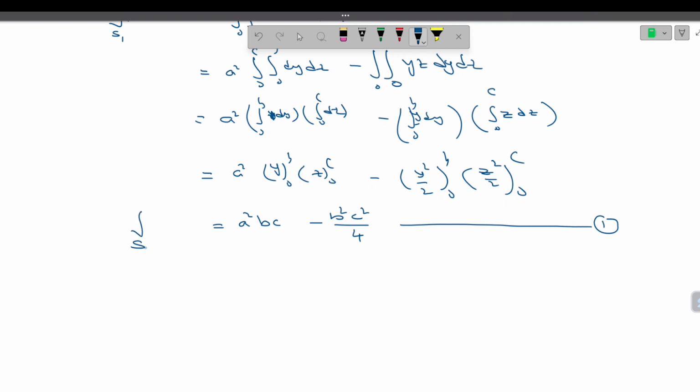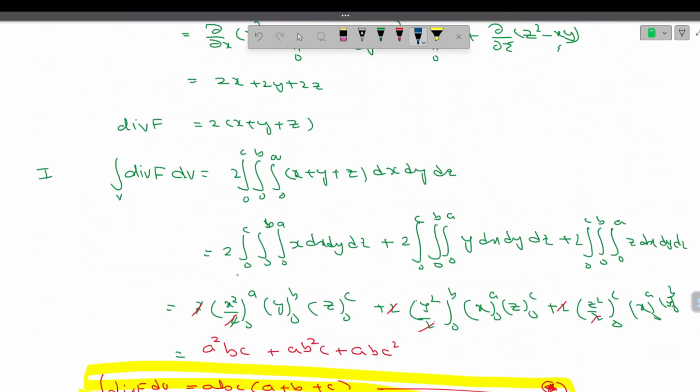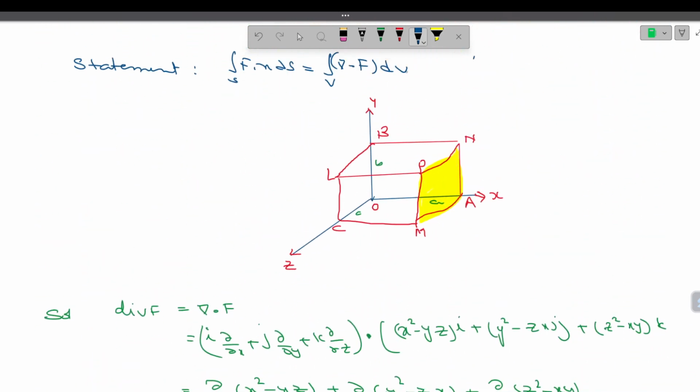This is integration taken over the surface f dot n ds. Now for the second face, we have to go for the opposite to this face.